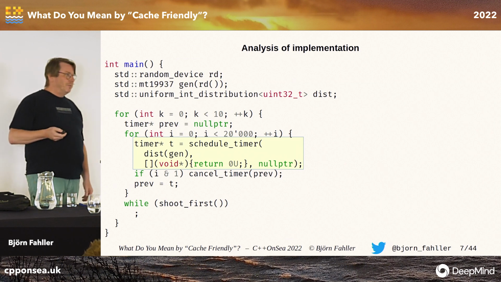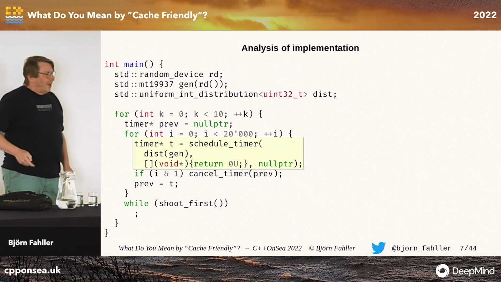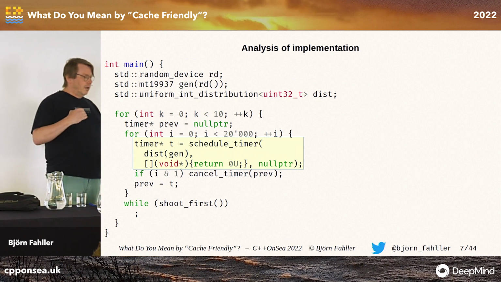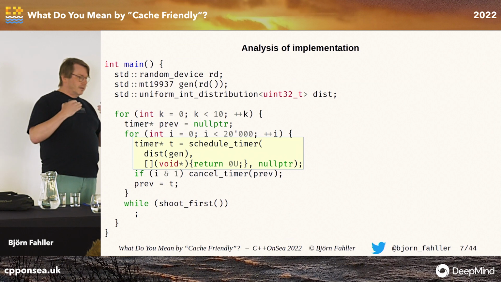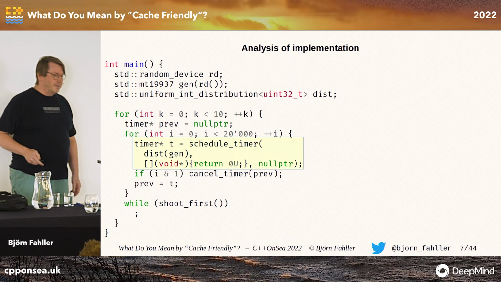But you also don't want it to be so simple that the compiler can see that you're not doing anything here. I can simplify this a lot. But in this case, it turned out to be sufficient to schedule a timer that does nothing. It was good enough. The compiler cannot see through this.